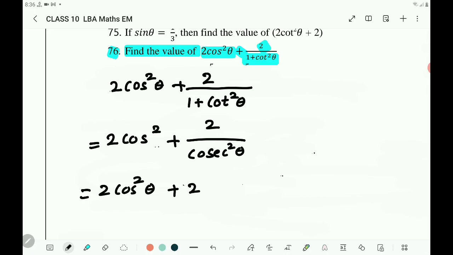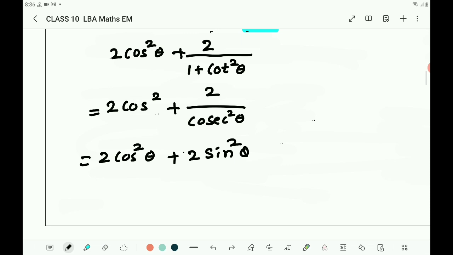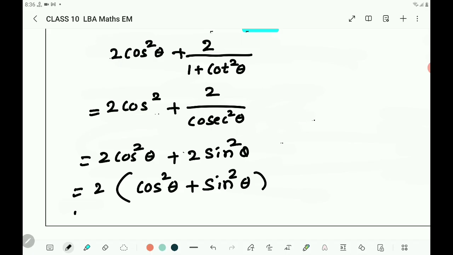So 2 by cosec square theta is equal to 2 sin square theta, because 1 by cosec square is sin square. Then you remove 2 common, equals 2 into cos square theta plus sin square theta equals 2 into 1 equals 2.